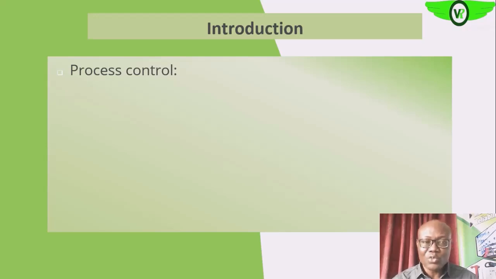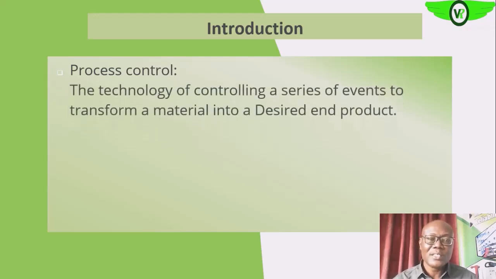So process control is the action or the process of using technology or instruments to control that series of events that we need to transform our materials into the desired finished product. So that is process control.